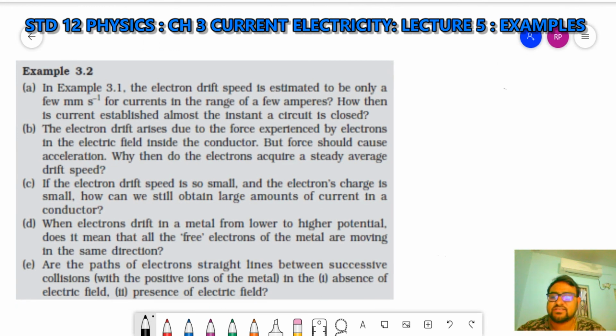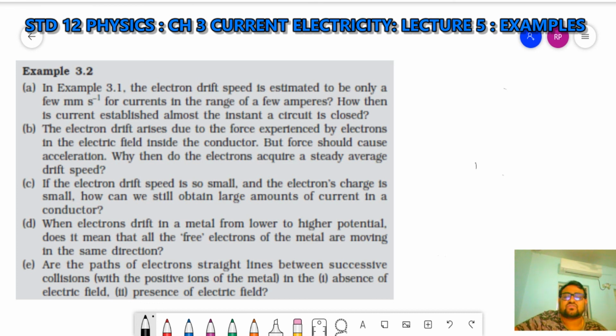Now let's see the third one, that is C. If the electron drift speed is so small and the electron's charge is small, how can we still obtain a large amount of current in a conductor?